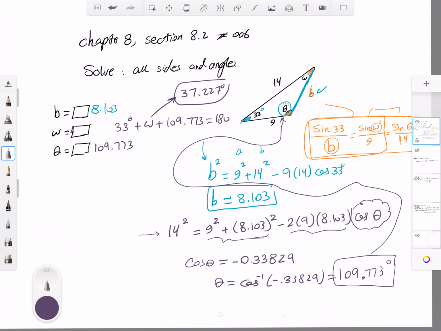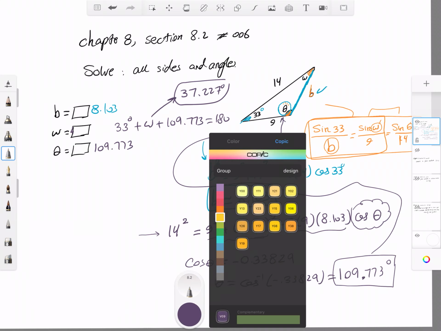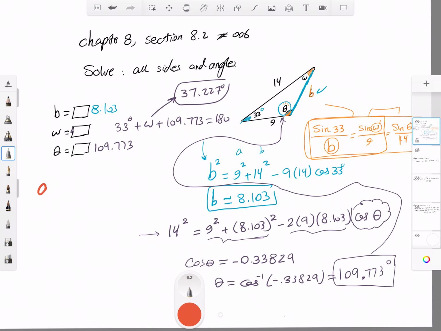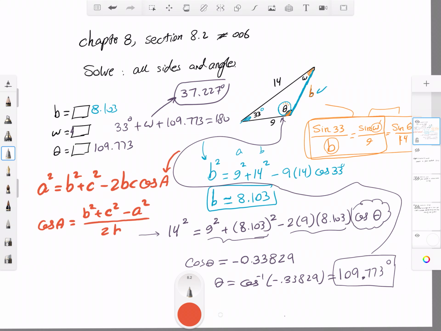One note here about law of cosine. For example, a squared will be b squared plus c squared minus 2bc cosine of a, or alpha. If you want to solve for this a, cosine of a will be b squared plus c squared minus a squared divided by 2bc. This is a little algebra from this equation.